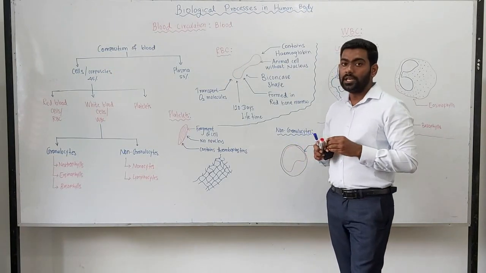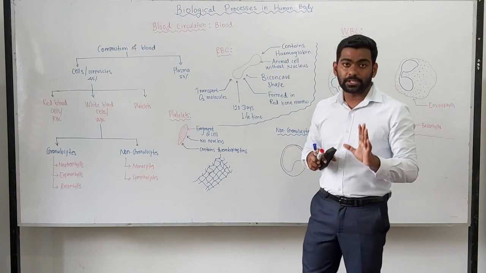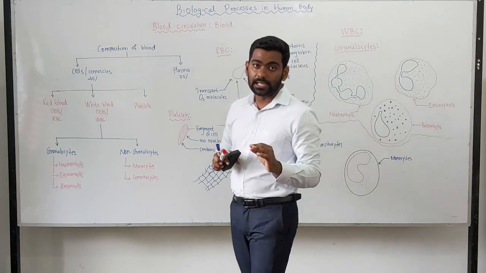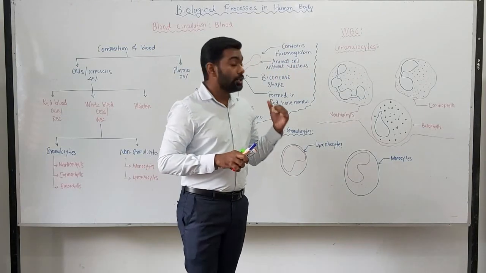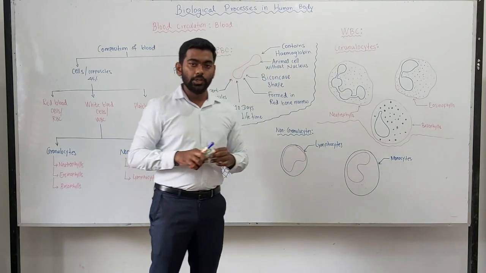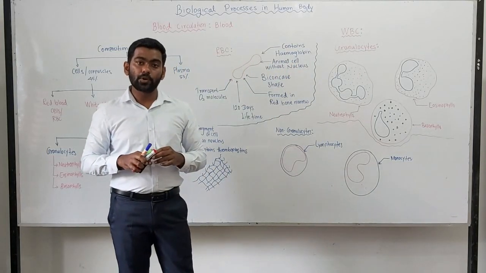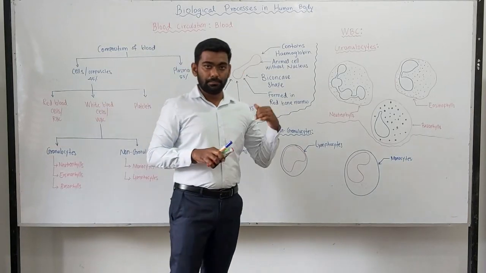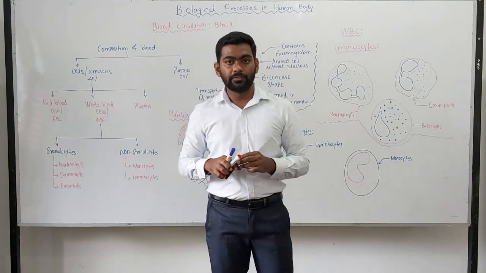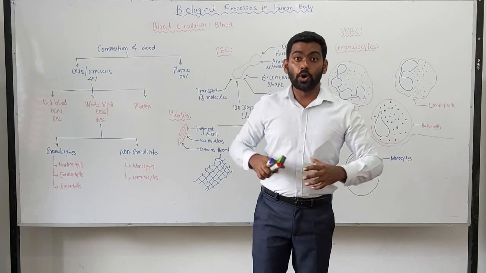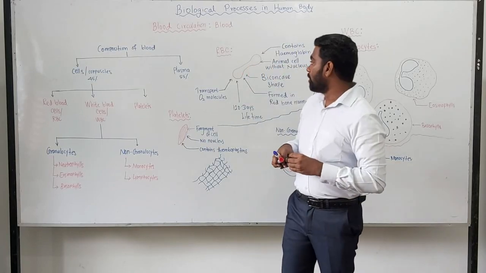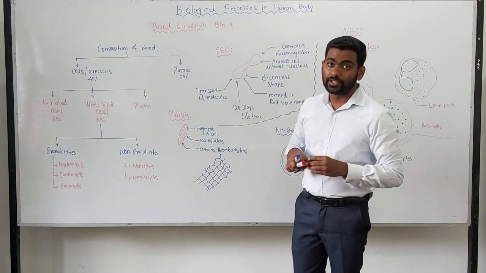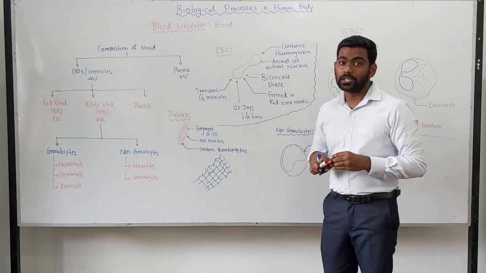And another very special feature: this cell does not have a nucleus. You know, having a nucleus is a very important feature of cells, but these cells do not have a nucleus in order to give more surface area to transport oxygen. The function of these cells is transporting oxygen.